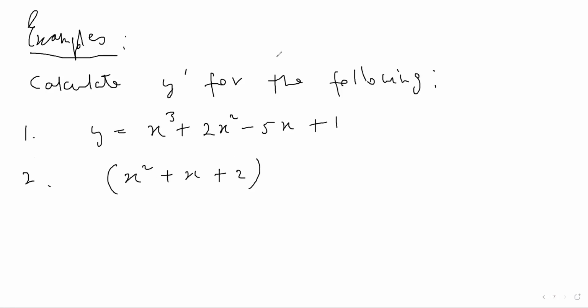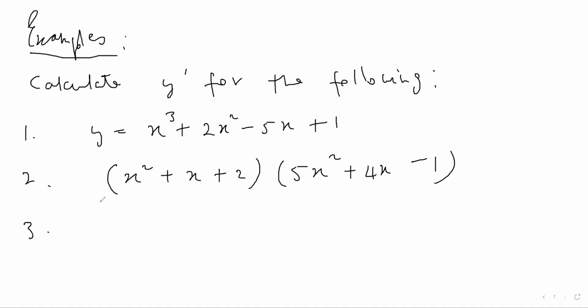This doesn't look like x now, it looks like something else, so let me fix this and write x. So we got x squared plus x plus 2 multiplied by 5x squared plus 4x, minus 1.